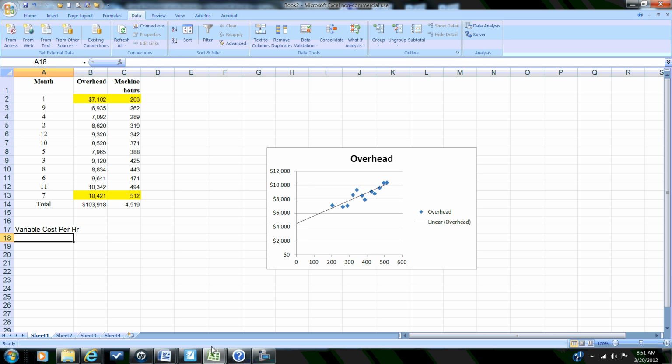We're going to look at the high dollar amount and the low dollar amount for our high and low activities.